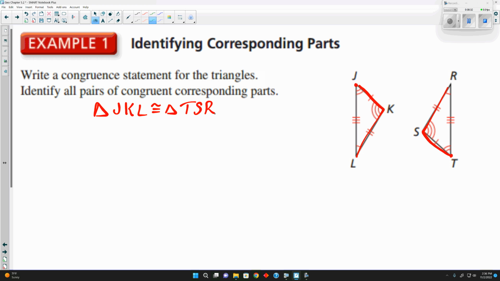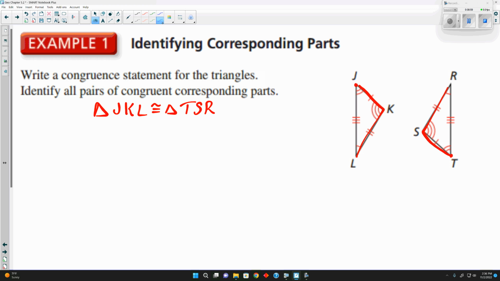Now there's something nice with the corresponding, once we get this, because again, we have to identify all the corresponding parts, so we're not done. So we're still on this question here. All corresponding parts. So how many corresponding angles do we have? 3. How many corresponding sides do we have? Now, what's nice is this statement here. If you can get this, it gives you everything else.